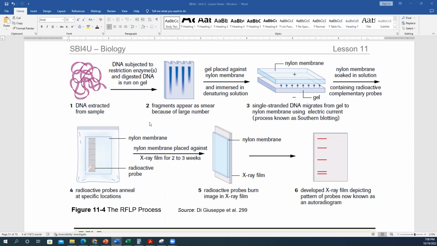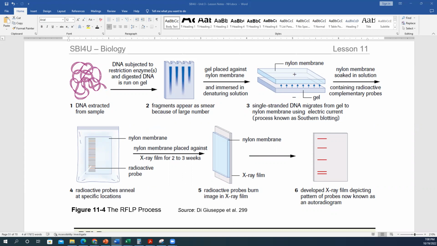And that means that if one of these non-coding regions gets cut up with restriction enzymes, the pattern of fragments in an individual would be different compared to the pattern of fragments from that same region in a different individual.